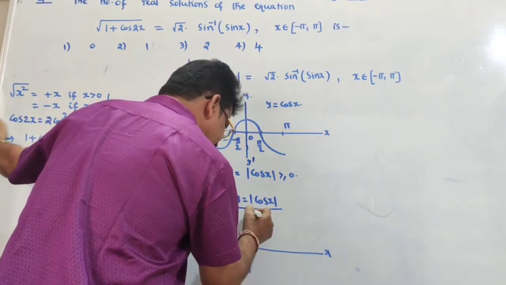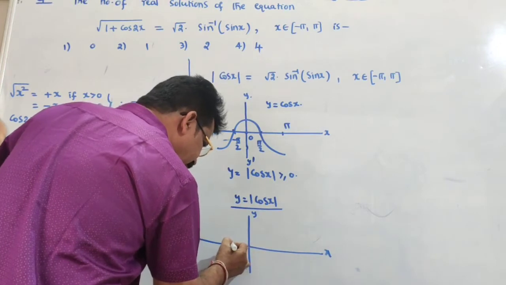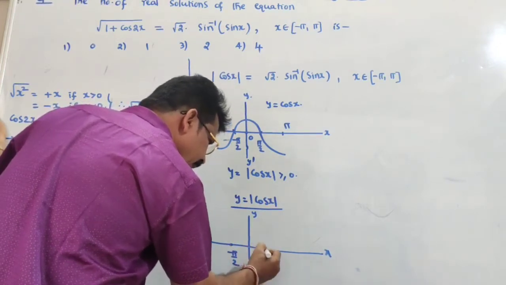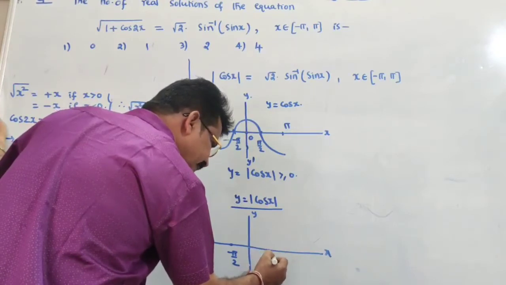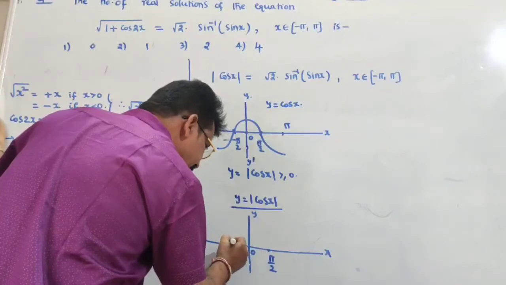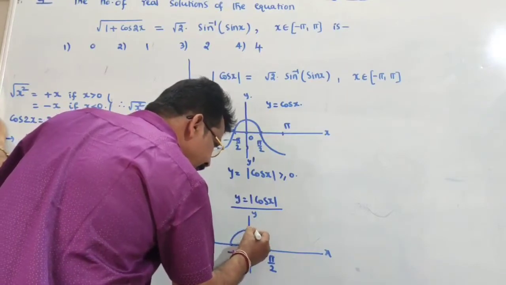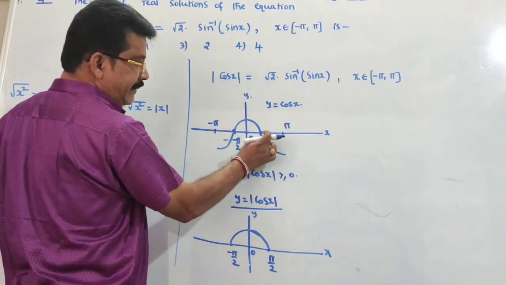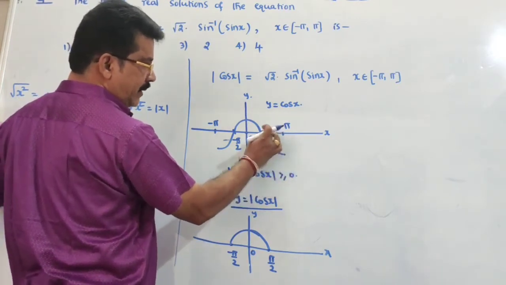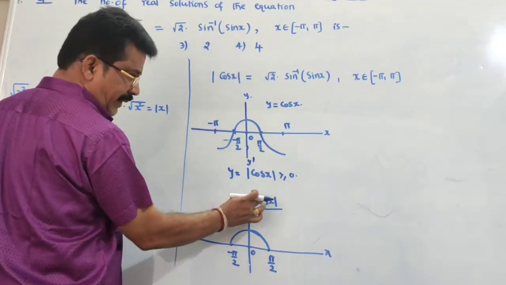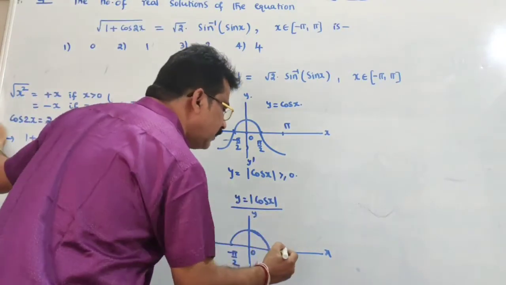X axis, this is the y axis. Of course, this is minus pi by 2, and at the same distance plus pi by 2, with the origin, like that. Here the curve came towards y dash, so it takes its image above the x axis, because y is always greater than or equal to 0.